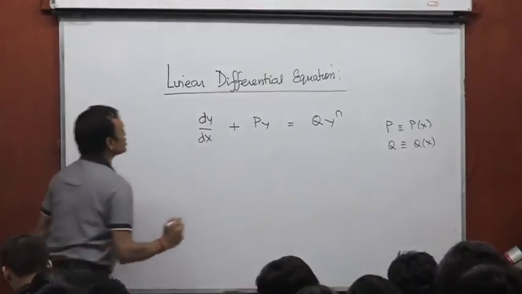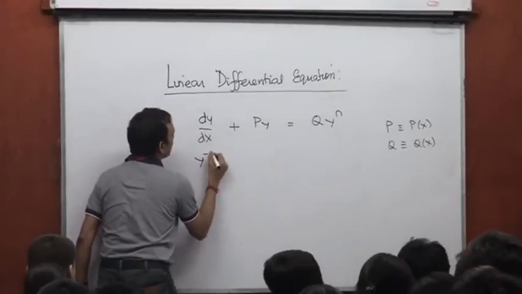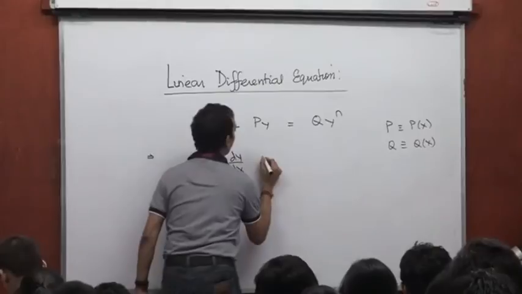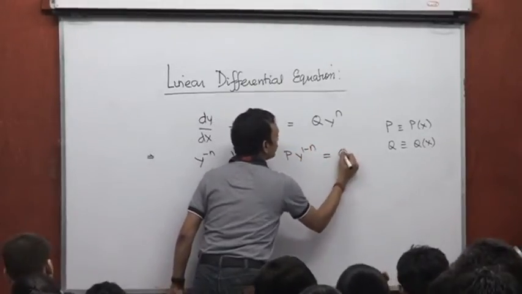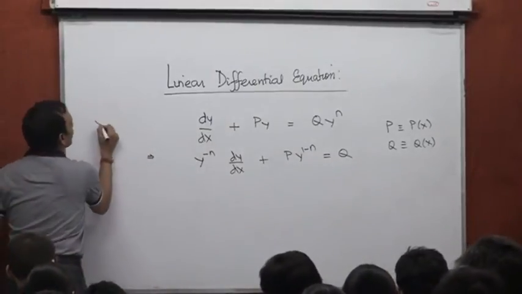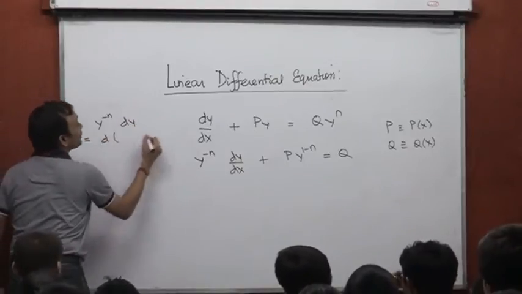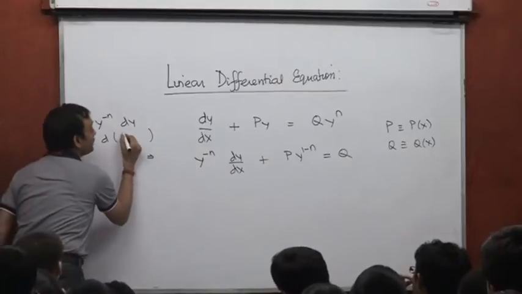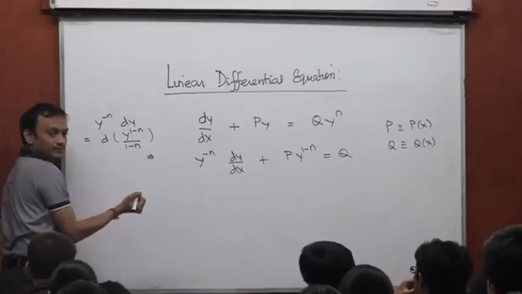Now, for such a situation, what you do is you multiply both sides by y to power minus n. Realize that y to power minus n dy is d of something. D of what? Integral of y to power minus n is y to power 1 minus n by 1 minus n.